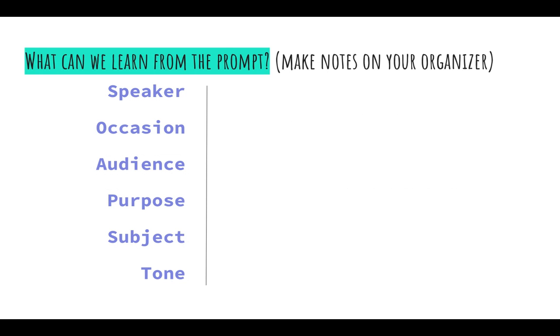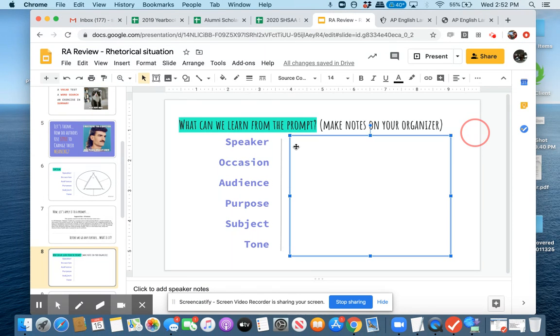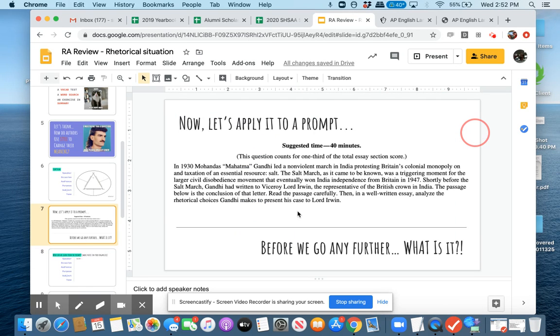Okay. So let's go ahead and talk about what we can learn from the prompt. I'm going to add it onto my screen so you can see it, and maybe add it onto your screen as well, right? So we know that this is Gandhi. I can never spell his name right, but I think I got it right there. The prompt also told us that he is leading a non-violent march, that he is about civil disobedience.